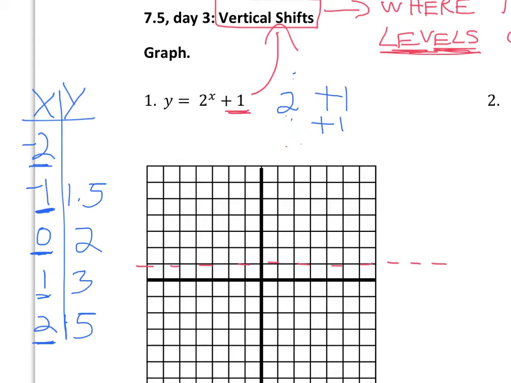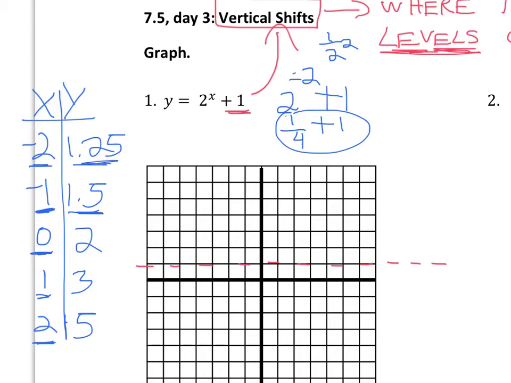So I have 2 to the negative 2. Remember, 2 to the negative 2 is just like saying 1 over 2 squared, which is 1/4. And then 1/4 plus 1 is 1 1/4, or 1.25. You can kind of see how these two values, 1.5 and then 1.25, this is where it starts to taper off. It starts to level off at that vertical shift, which is 1.